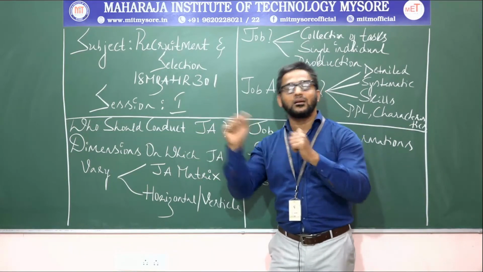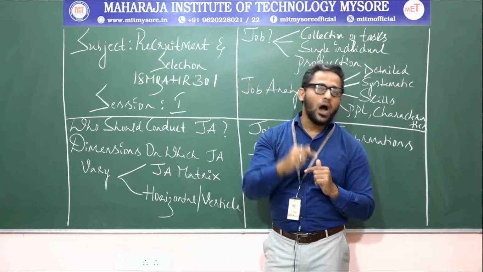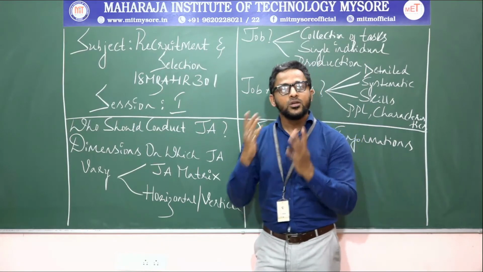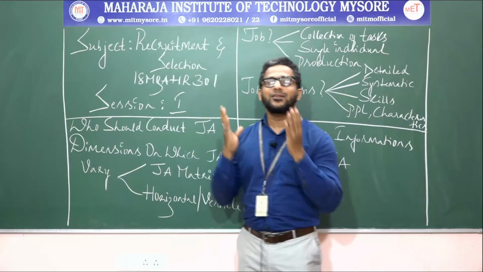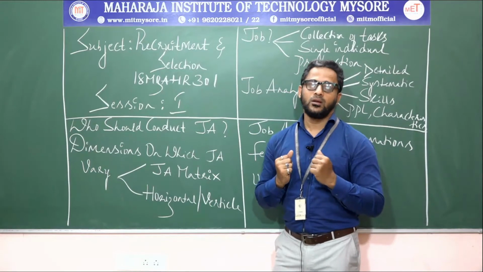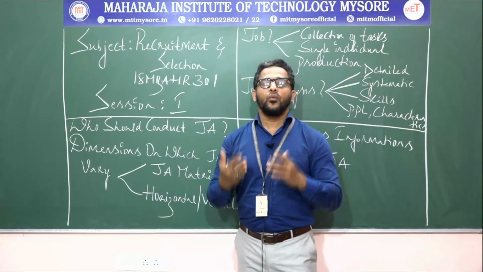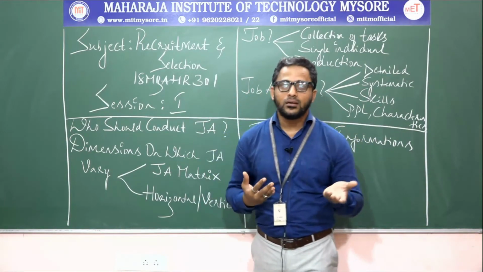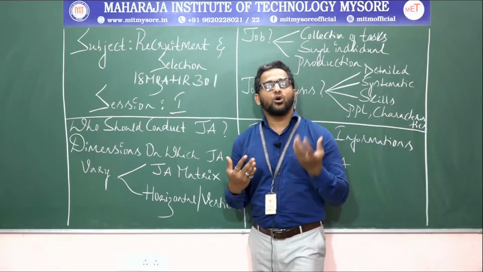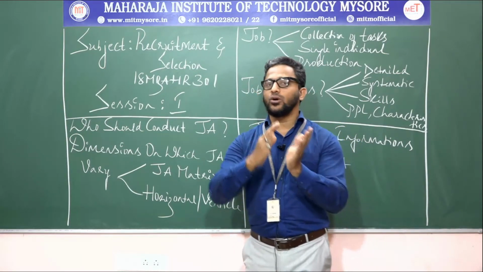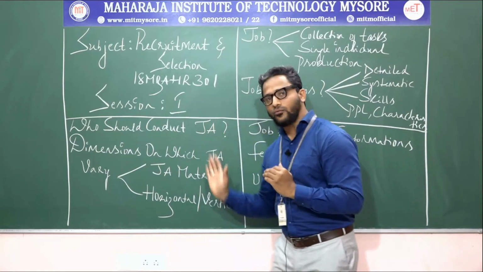There come the methods. To perform those tasks, roles and responsibilities, you need certain methods, techniques and tools. So there we come across various job analysis methods, tools, and techniques. That is the second block of the matrix.